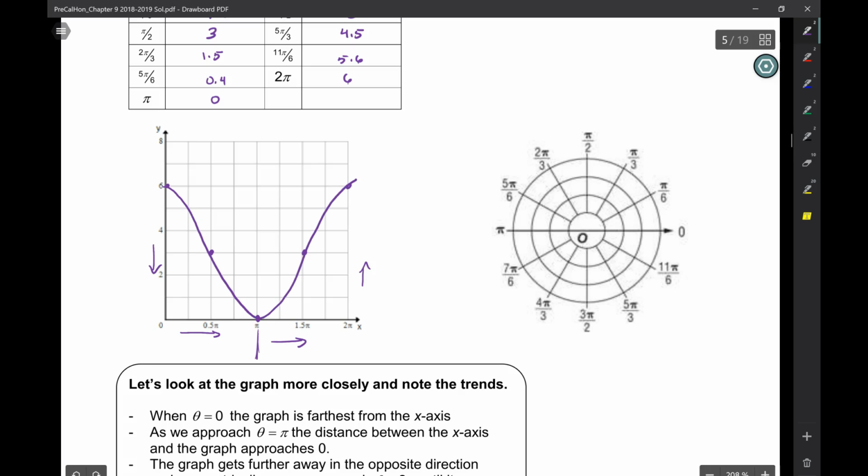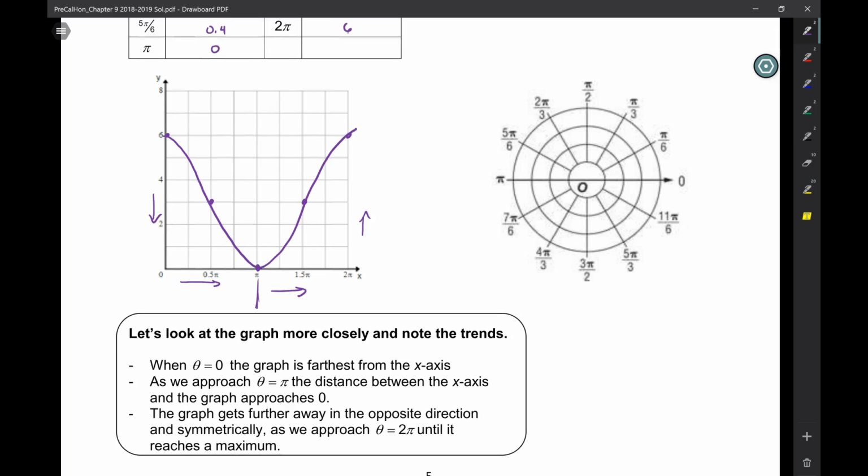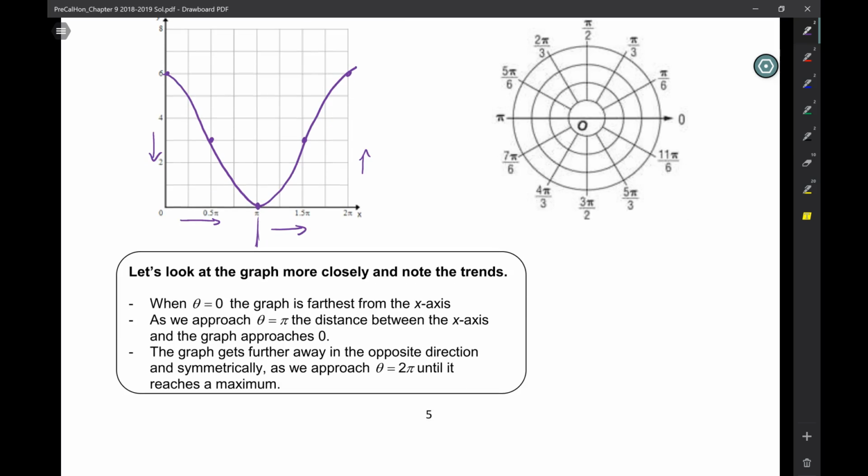Okay? So let's look at some trends here. When theta is 0, the graph is farthest from the x-axis, okay? As you approach theta equals pi, the distance approaches 0. So what does that mean?